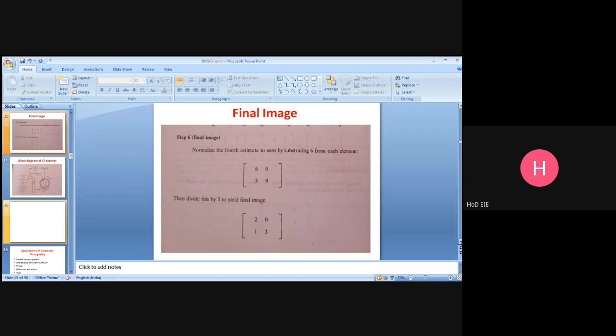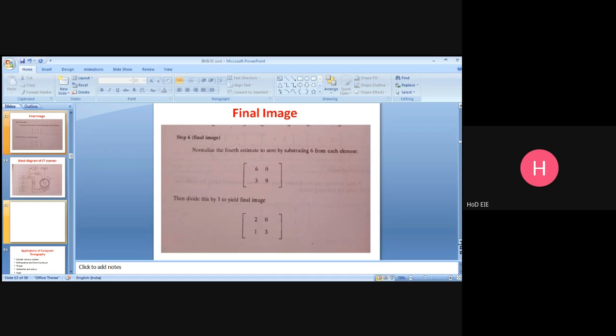Your fourth estimate is 12 comma 6 and 9 comma 15. So from each element you are subtracting the value 6.